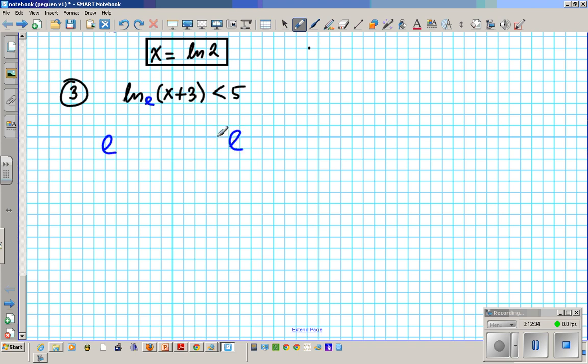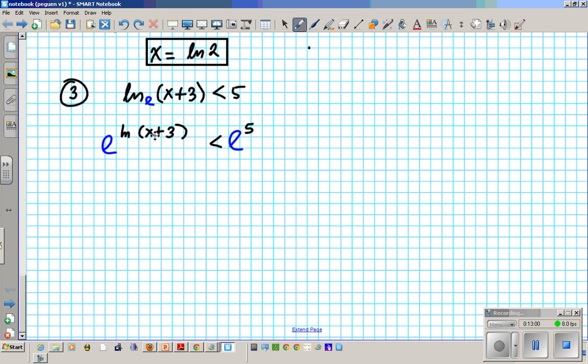The inequality is less than. And these two things will be exponentiated. Okay, so you have a little ln of x plus 3 and then a little 5. Okay, you don't have to put the E there. That's not necessary, it's invisible. That's what you have. So since these are opposites, inverses, you know what happens? They cancel out.